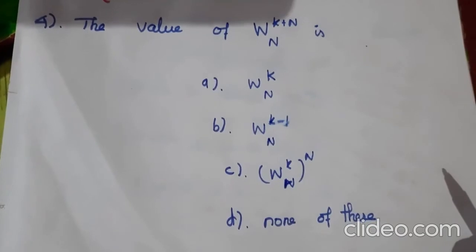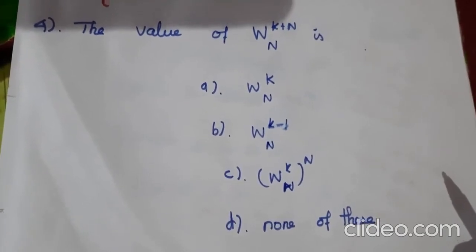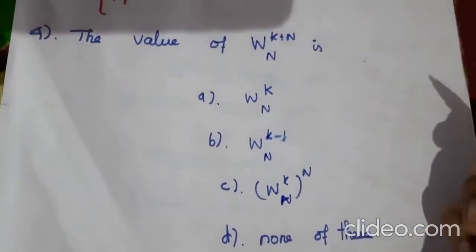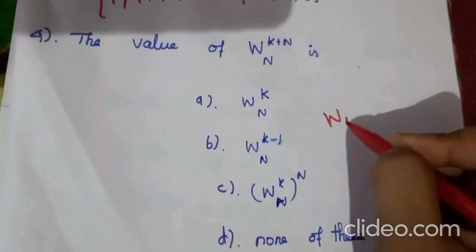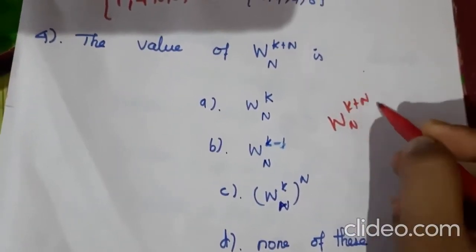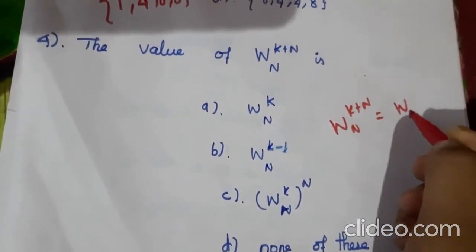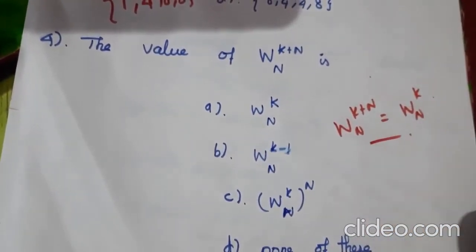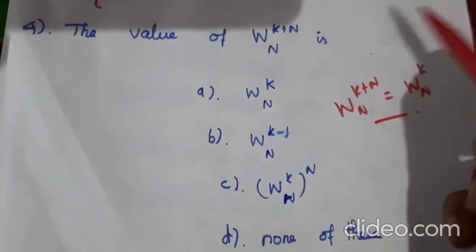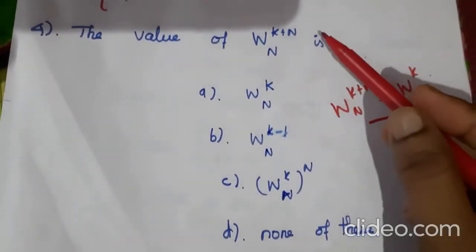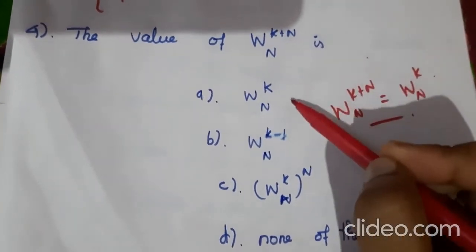Fourth question: the value of W N to the power k plus N is? Use the periodicity property of FFT. We know that W N to the power k plus N is equal to W N to the power k.